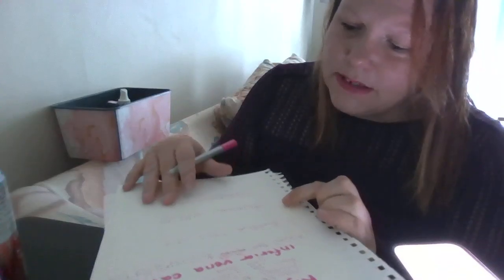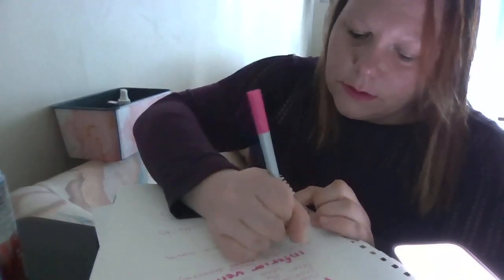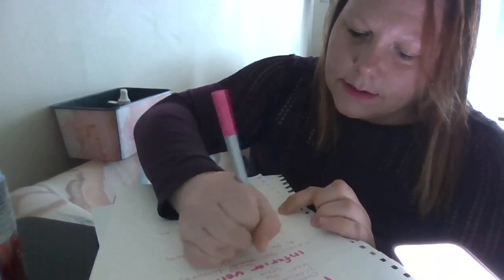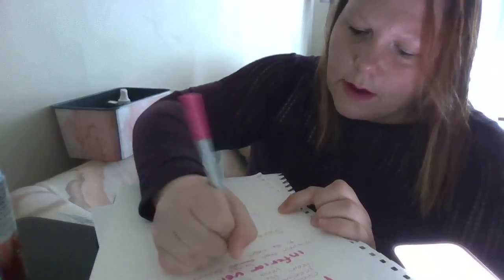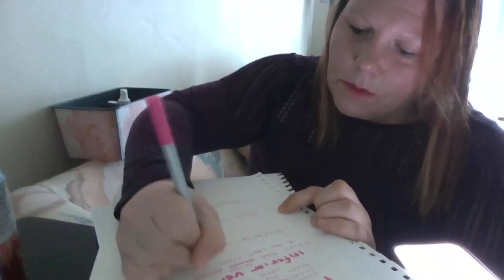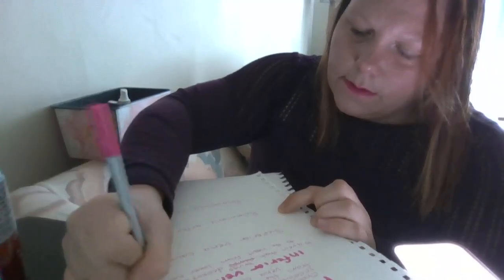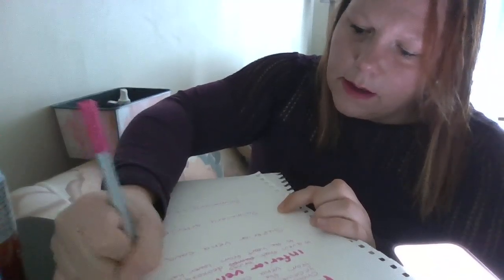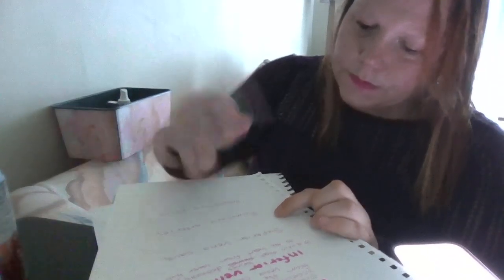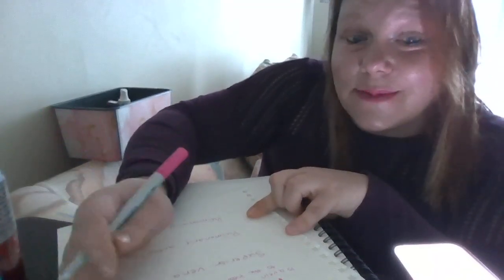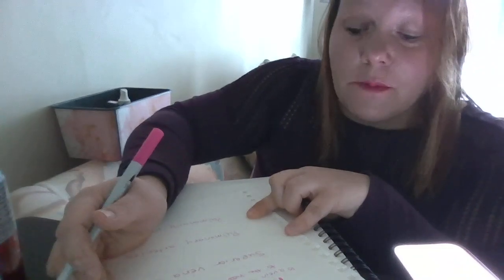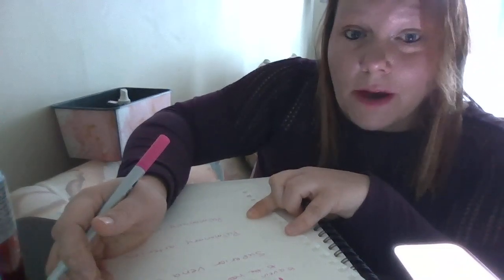Is a vein that brings deoxygenated blood to the heart from the lower half of the body. Okay. Superior vena cava. Can you guess what this one is? So inferior brings deoxygenated blood to the heart from the lower half of the body.